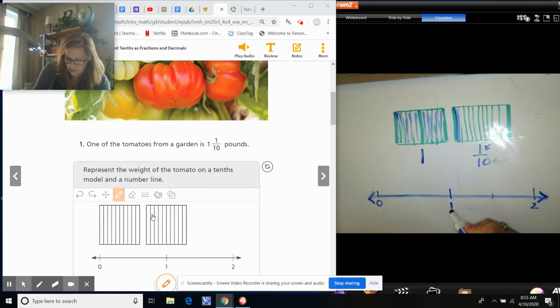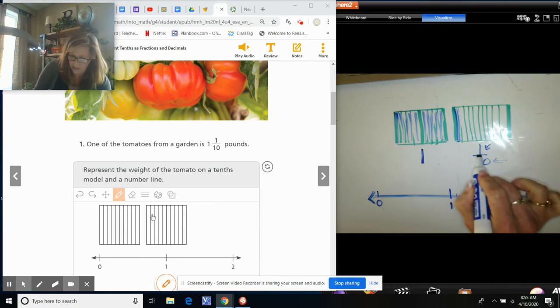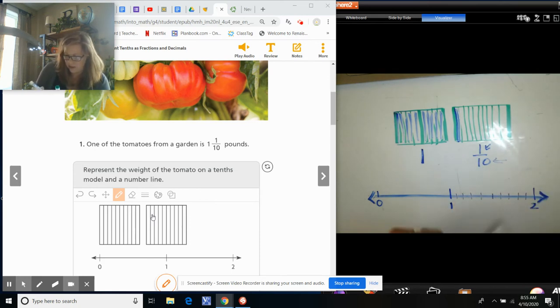And so if this is 1, this is going to be 1, 2, 3, 4, 5, 6, 7, 8, 9, and then 10. So this is really representing a whole, and this is your whole. All right, if we need to represent this on the number line 1/10, we've got to find 1/10.